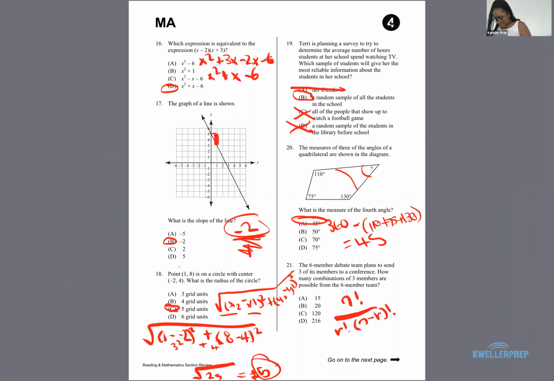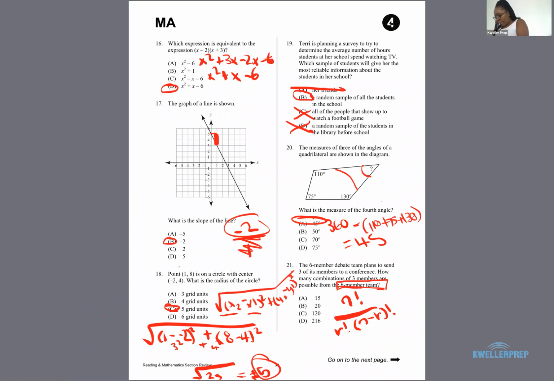What the n stands for is the total number of people. In this case, we have 6 members of the team, and that's what the n stands for: the largest group that you're sampling from, which is 6.